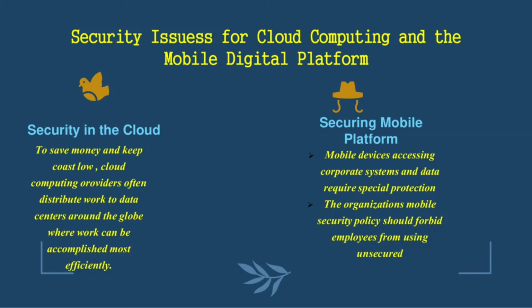Then we see securing the mobile platform, where mobile devices accessing corporate systems and data require special protection. The organization's mobile security policy should forbid employees from using unsecured devices.